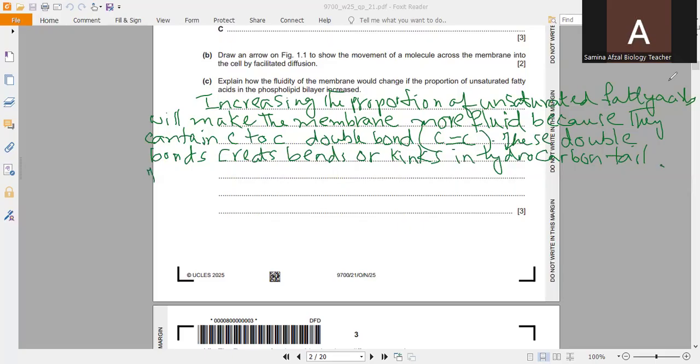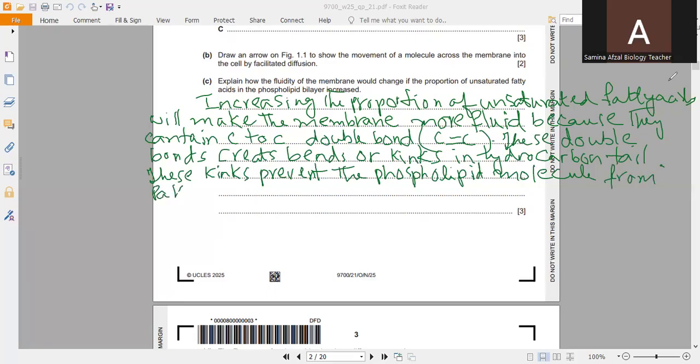So these kinks prevent the phospholipid molecules from packing closely together.